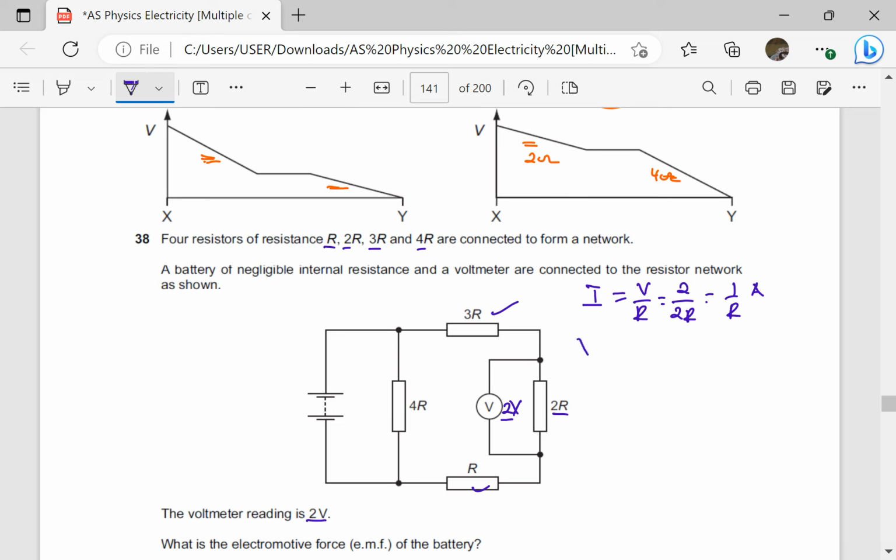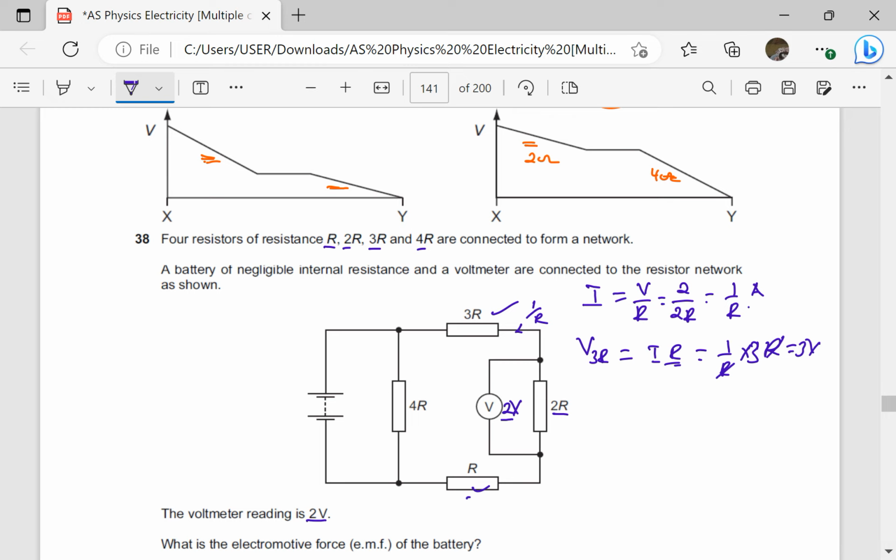So that means the PD across 3R, using Ohm's law, V is equal to IR. Remember, the current is the same. The current here is going to be 1 over R. So PD across 3R is going to be current times the resistance. The current we have set is 1 over R, and the resistance is 3R. So it means the PD across that one is going to be 3 volts. Similarly, the PD across the other one is going to be 1 volt.